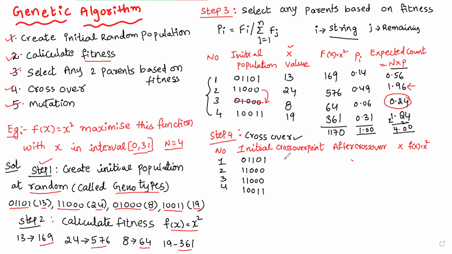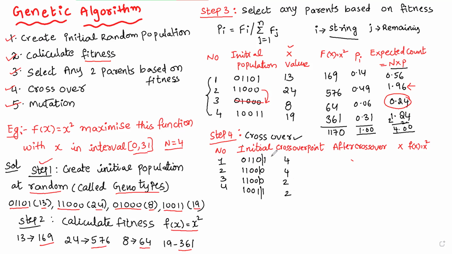Let me assume the cross point of the first one is 4, this is 2, and this is 2. Remember all of you, when I say 4, you count from the left side: first, second, third, fourth. So this is called the fourth point.